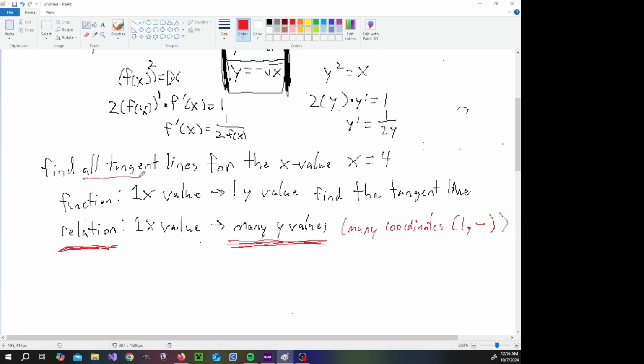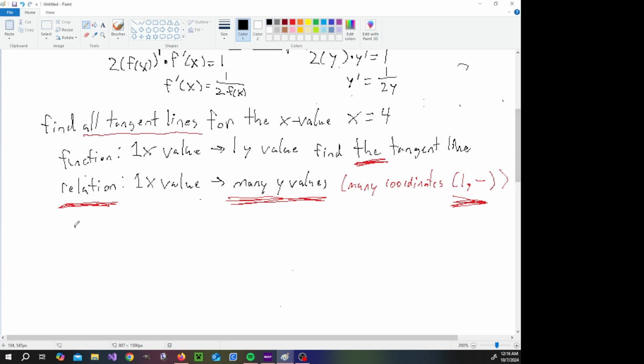Now we have all tangent lines that we need to find. There's not just one tangent line for a given x value because there are multiple coordinates that we need to consider. Okay, so again, the question that we care about here is find all tangent lines for x is equal to 1. So the first step I would say is find all y values where x is equal to 1.